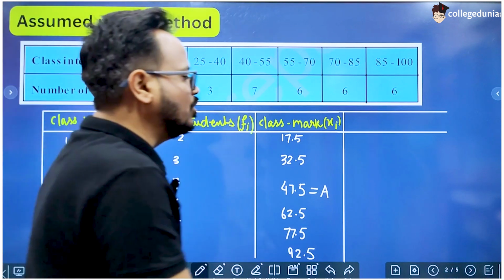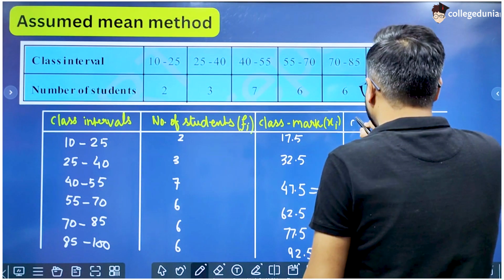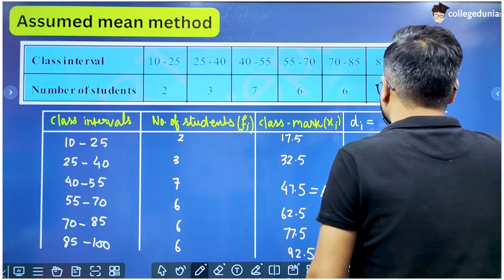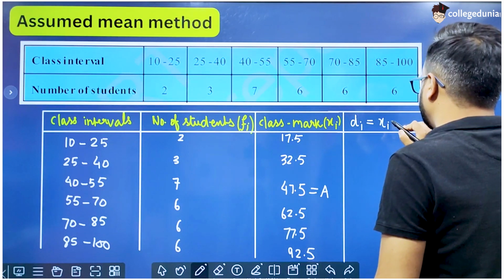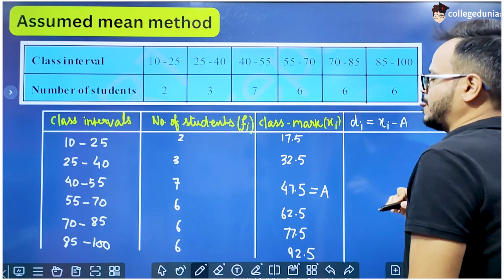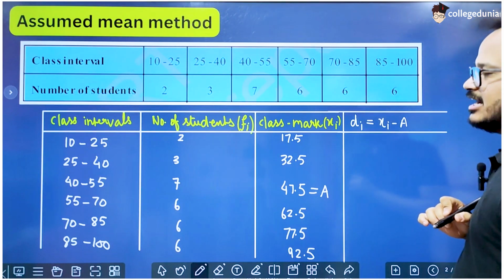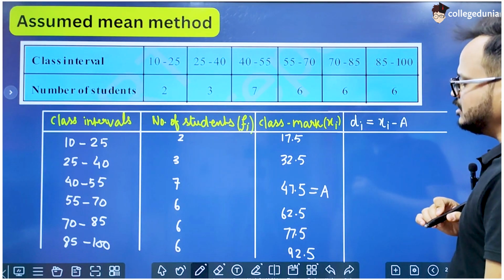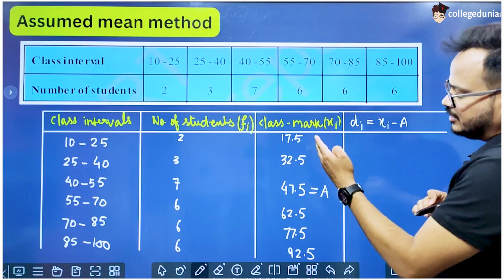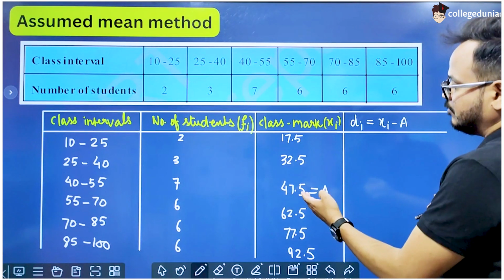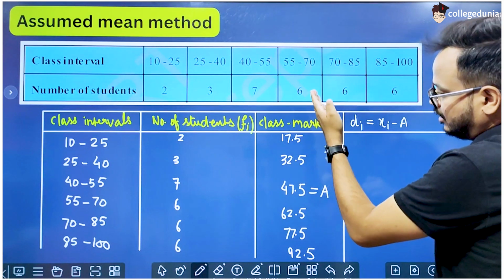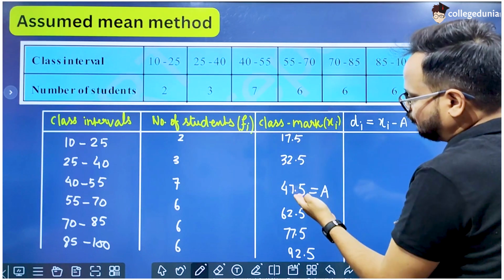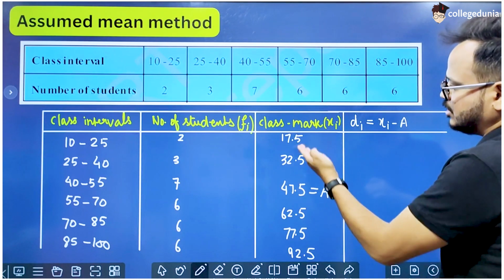So what we will do, we will find di, which is xi minus the assumed mean. This is called the deviation. Deviation means, if we are assuming that this is the mean, what is the distance of this value from the mean? So we simply subtract the mean from this value.